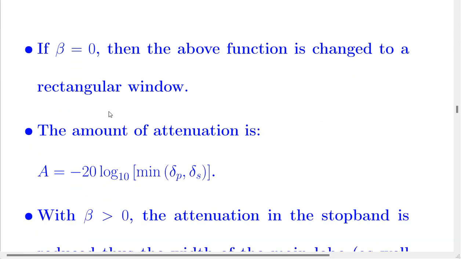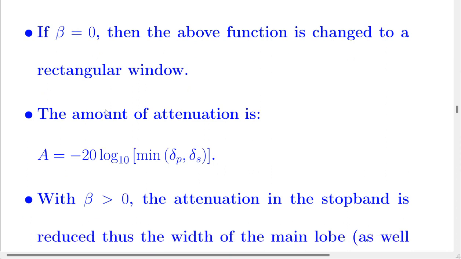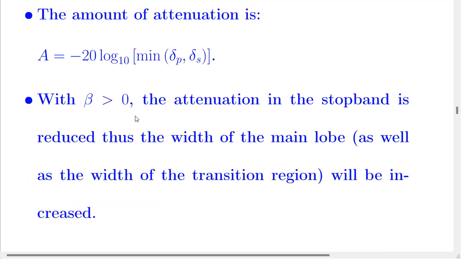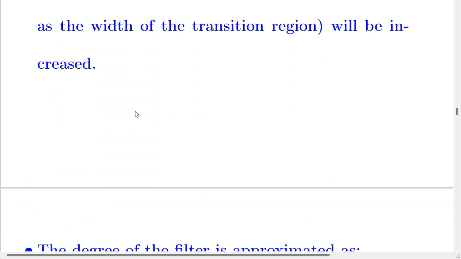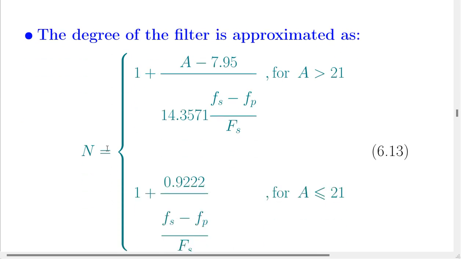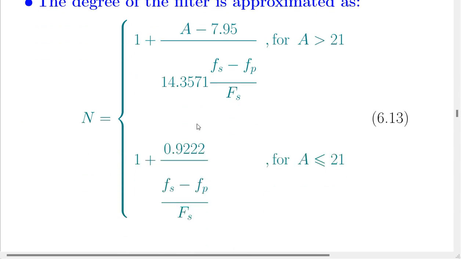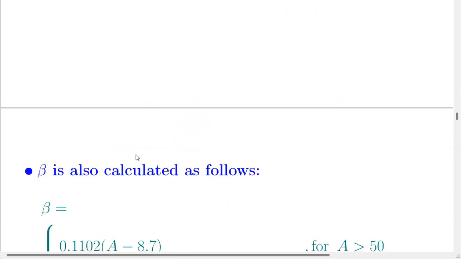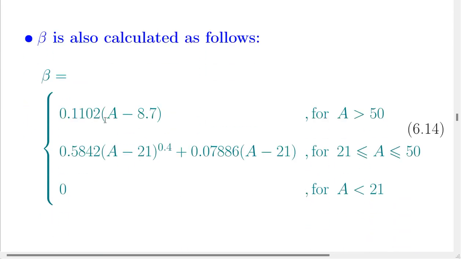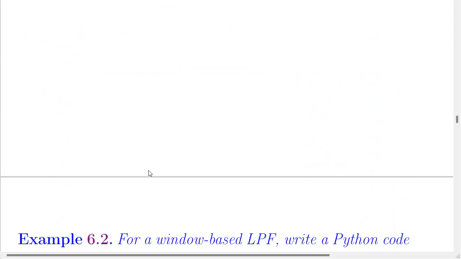Maybe in the past it was important, but today it's not important. You will find out why. Anyhow, having a discussion related to Kaiser, computing the degree, and information about beta.